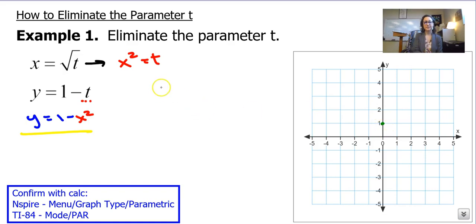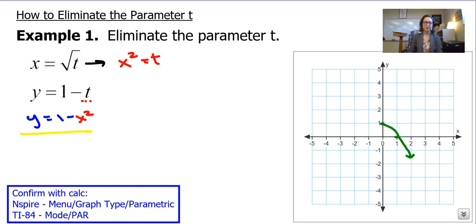And then when time is 1, my x coordinate would be square root of 1, which is 1. Y would be 1 minus 1, which is 0, so I would have the point 1 comma 0, and so on and so forth. So I can see, oh, I'm getting the right branch of that parabola.